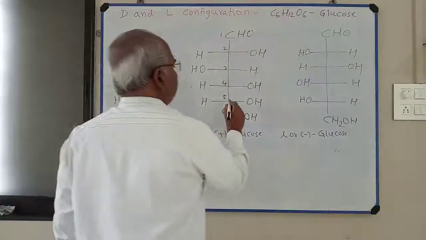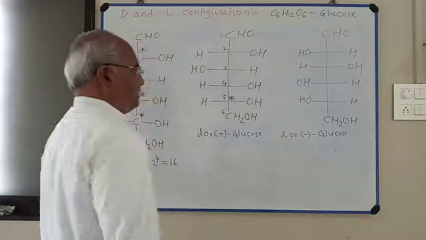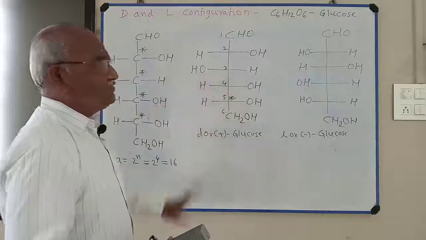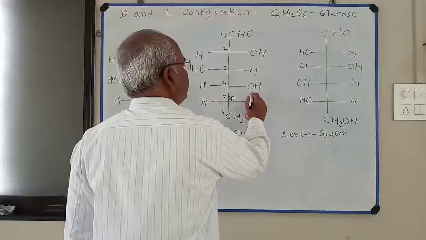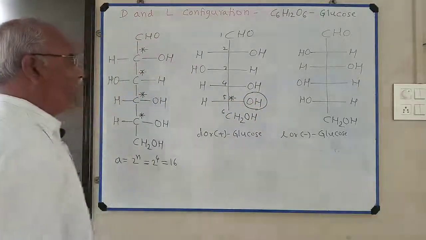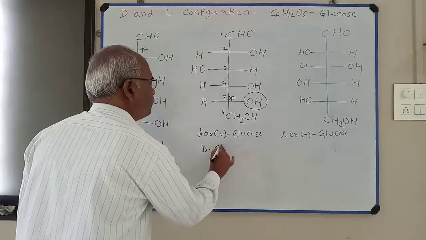Look here, this is the lowest chirality center, and in this lowest chirality center, the OH group is present on the right hand side. Therefore, it is called D-glucose.